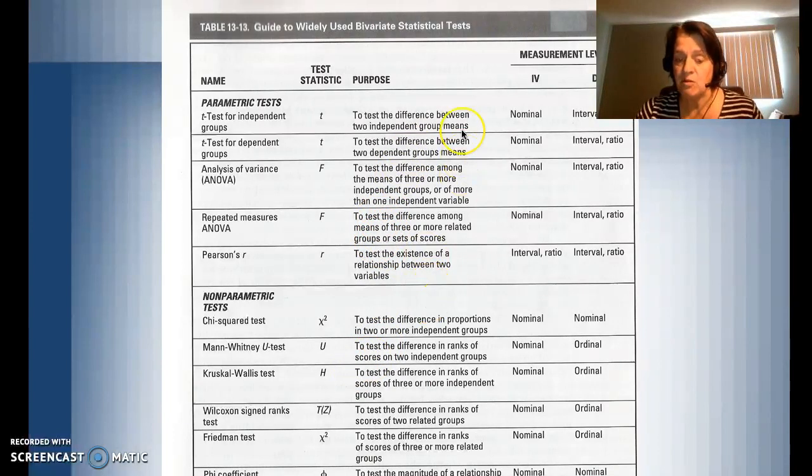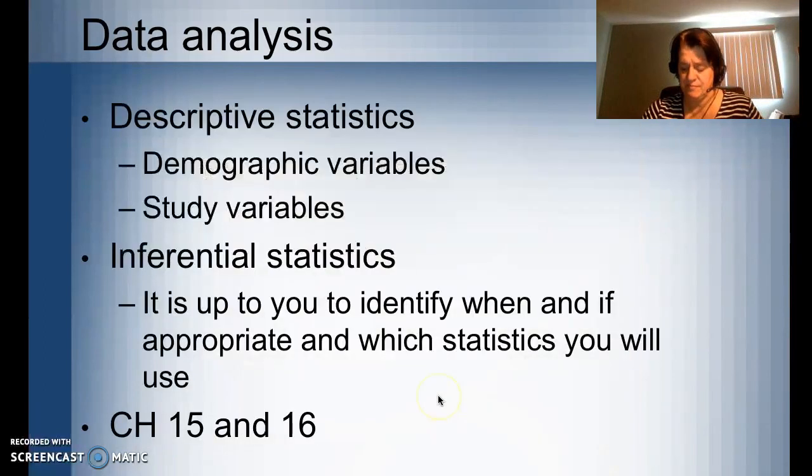It's still probably a quasi or a true experiment, but what you're doing is you have lower level data, so you have to use lower level statistics, but you are still looking for differences between the groups. Kruskal-Wallis is three or more groups. I don't think we did much of the other stuff, so I won't get into that.